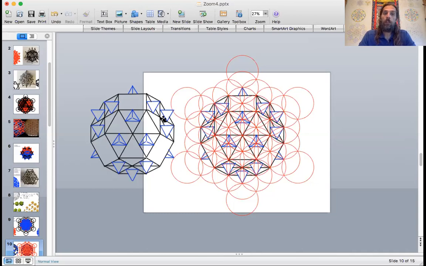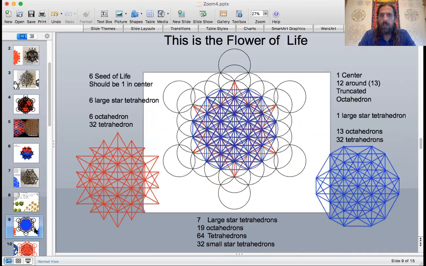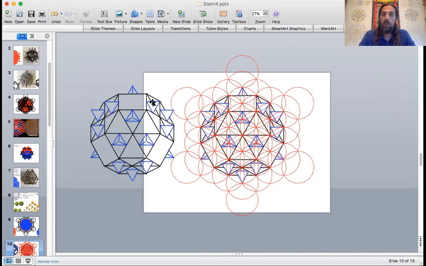And remember, there's going to be 32 star tetrahedrons packed into that. And you've got the 27, I believe, was it 27? No, 19 octahedrons in this, 19 octahedrons, and the 32 star tetrahedrons joining together.